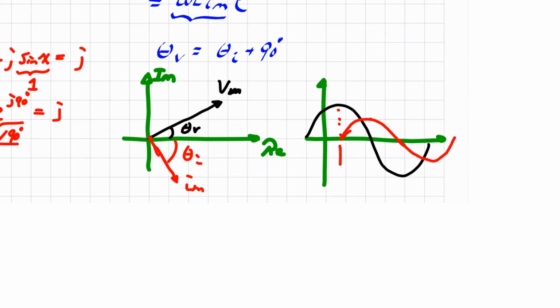And the difference here is 90 degrees, where the voltage is leading current by 90 degrees. So that's the I, where this is a V.